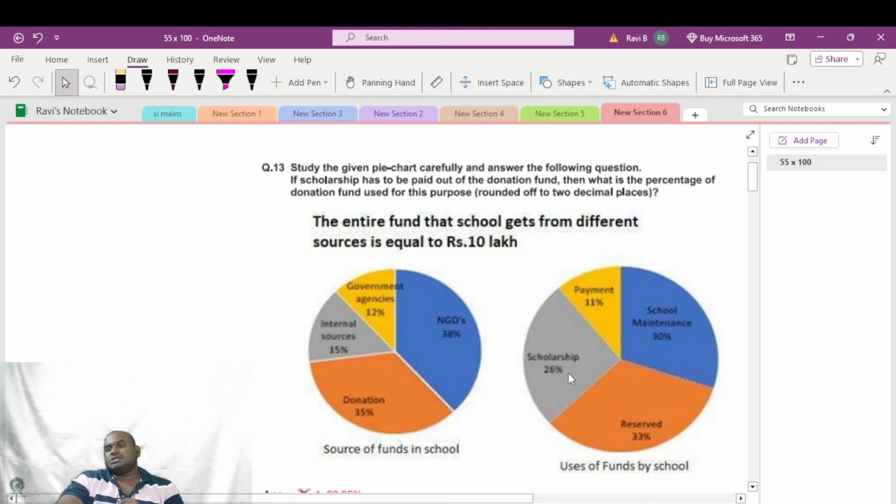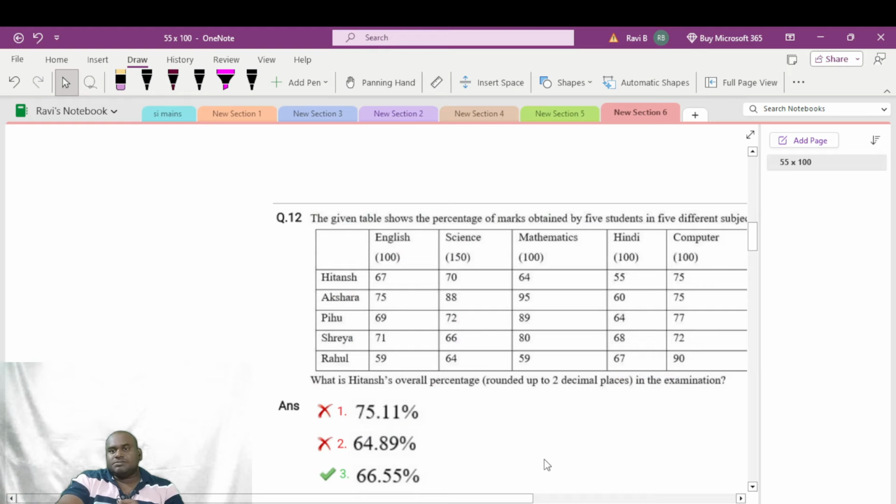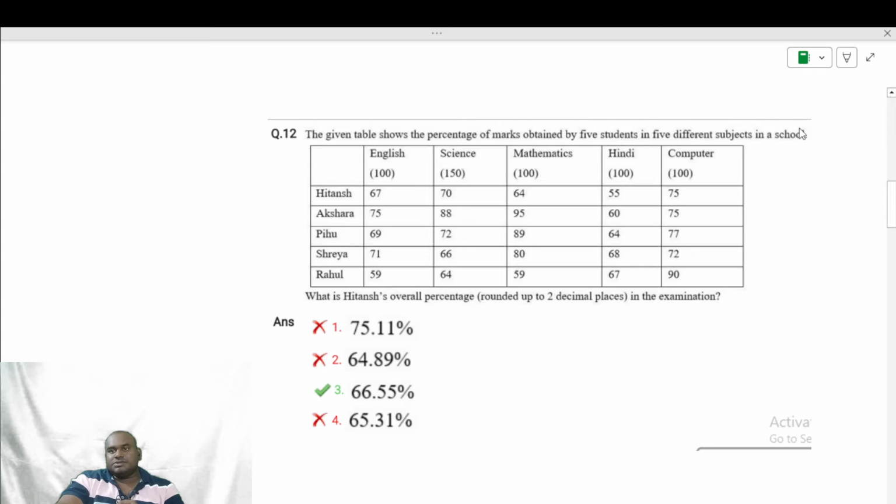Next question. The given table shows the percentage of marks obtained by 5 students in 5 different subjects in a school. Now he's saying, what is Hitan's overall percentage, up to two decimal places? Hitan is the first person.